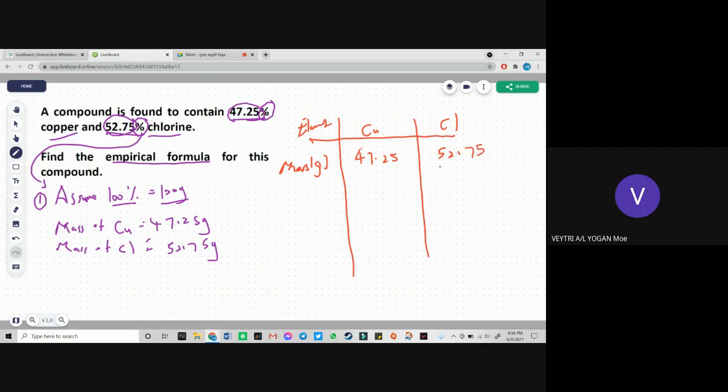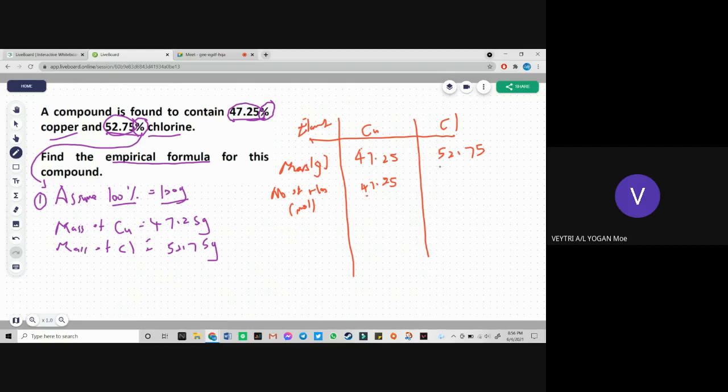Okay. Next, we're going to talk about the number of moles. Again, unit, don't forget. Don't forget the formula, yeah. You guys don't ever forget to write mass over molar mass. Mass in grams, molar mass in gram per mole.